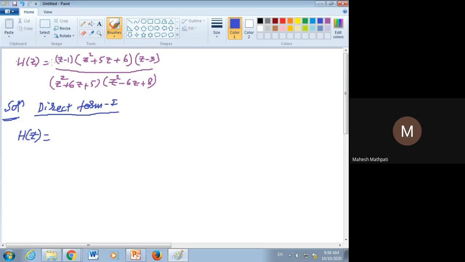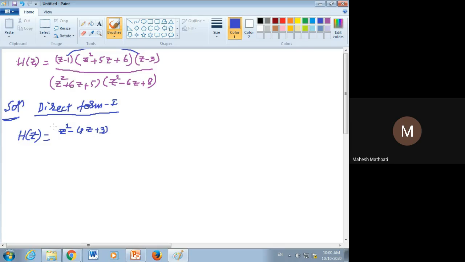First we will multiply these two terms. So what will come now? Can someone tell me? (z² − 4z + 3).